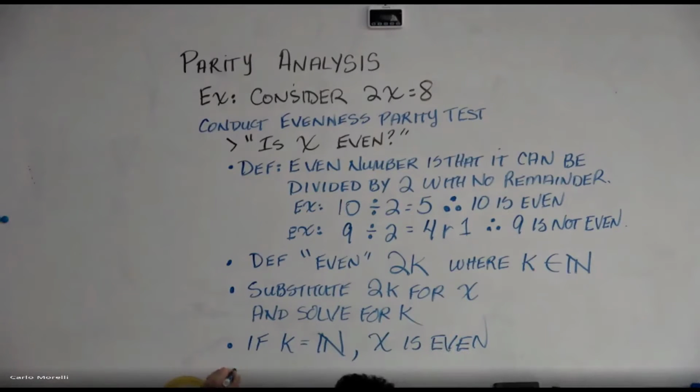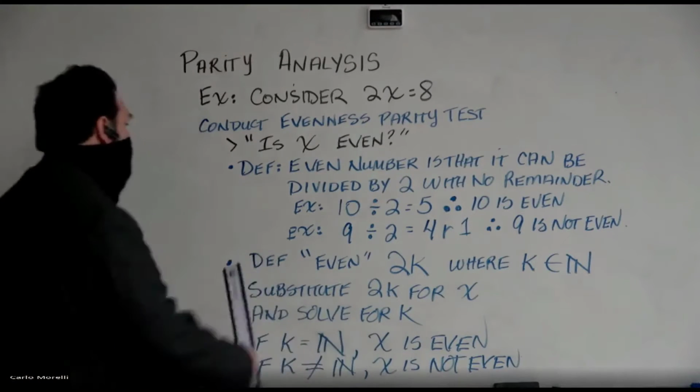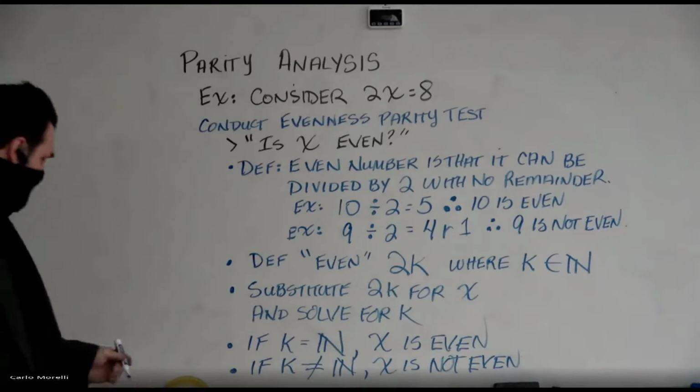If k is not equal to an integer, then x is not even. Okay, so I didn't say x is odd, I just said it's not even. Because it could be a fraction, right? We don't know what x is. All right, so this is all out of the way.